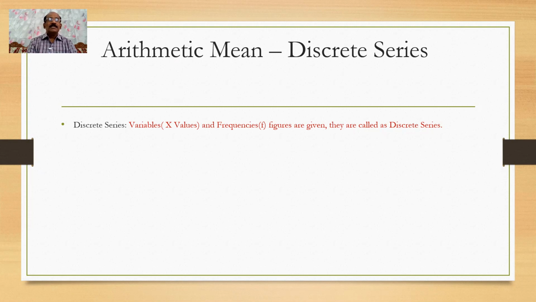Discrete series means x values and frequencies are given in the problem. We can treat it as discrete series. That means in discrete series, x values and f values are available.